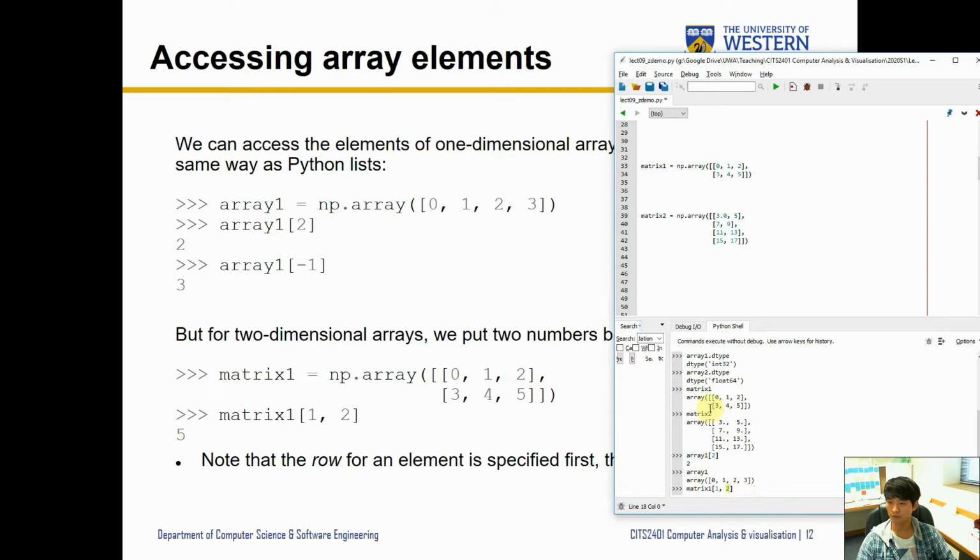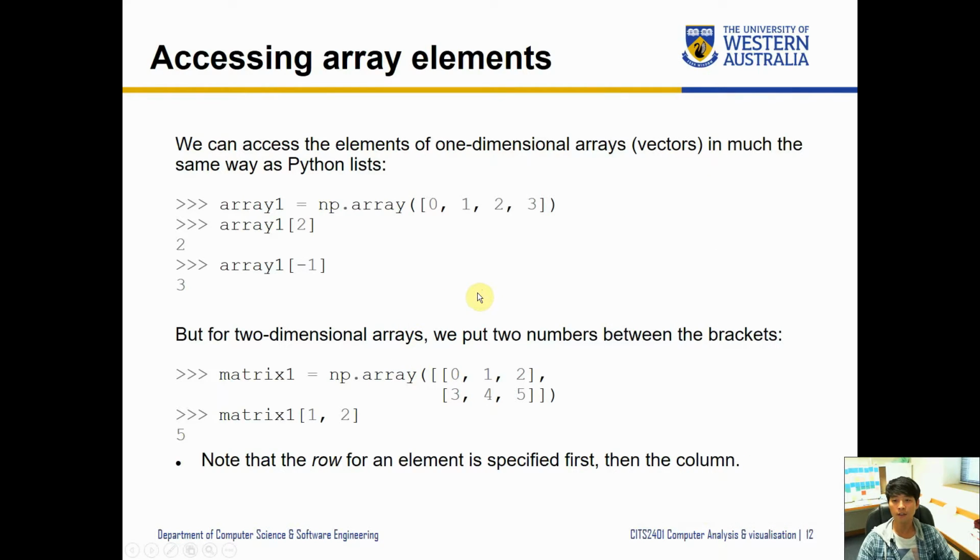Sorry, wrong matrix. So get me 3, 4, 5, and then this 2 references the third item starting from 0, so number 5. So this should return me value 5. You do get index out of range errors if you try to access an index that is not inside the NumPy array.